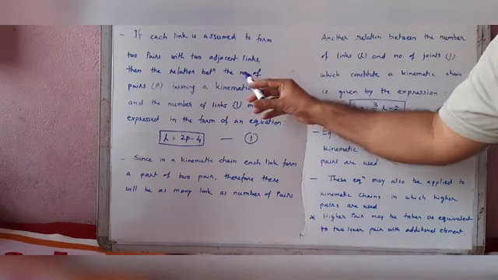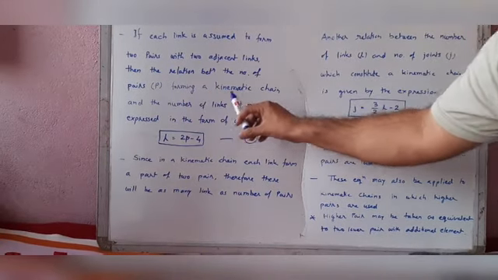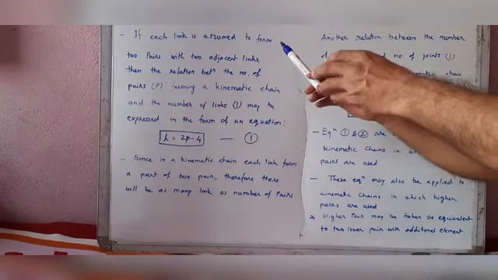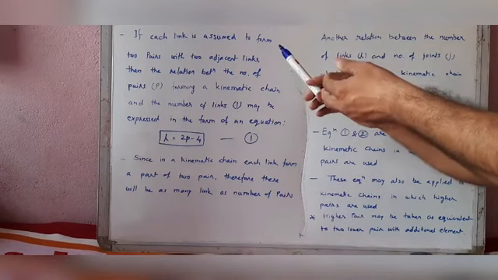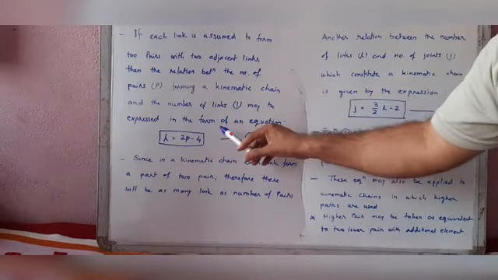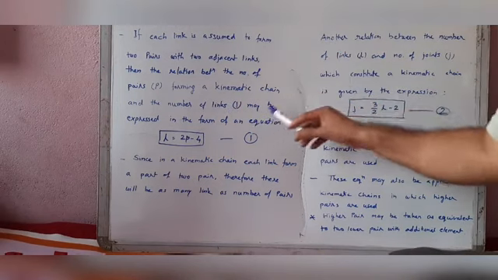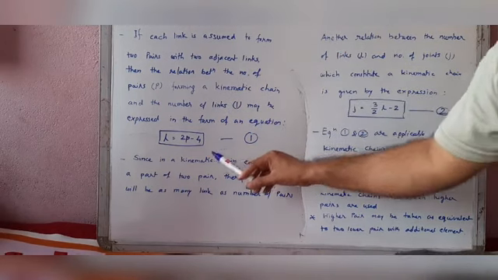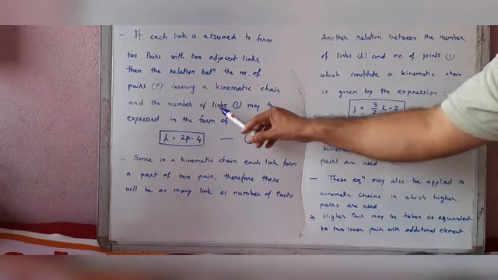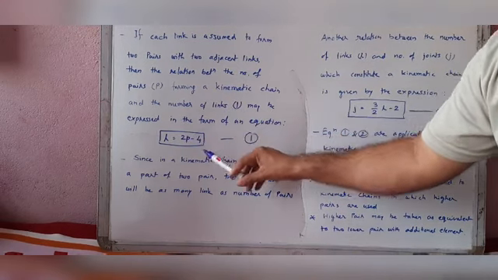Then the relation between the number of pairs P forming a kinematic chain and the number of links L may be expressed in the form of an equation: L = 2P - 4. L is the number of links, and P is the number of pairs.